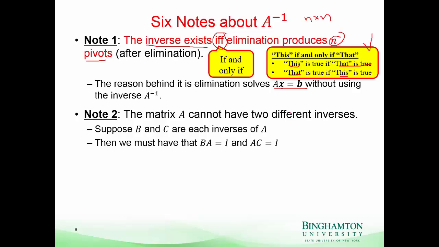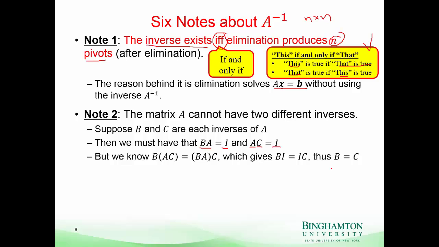Well, since B and C are both inverses of A, we showed that the inverse has to left multiply A to give the identity. So since B is an inverse of A, I multiply it from the left, and I must get the identity matrix. But C is also an inverse of A. I suppose that anyway. So if C is an inverse of A, if I right multiply it into A, I must also get the identity matrix. Okay, good.